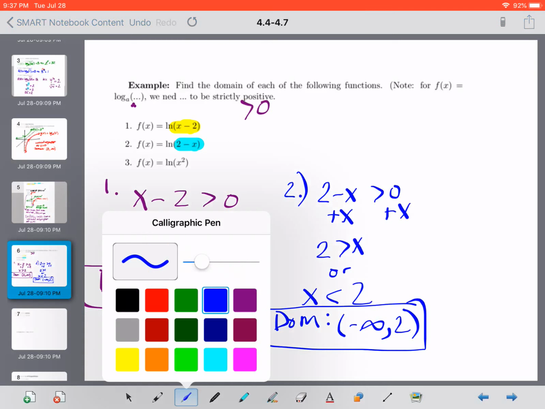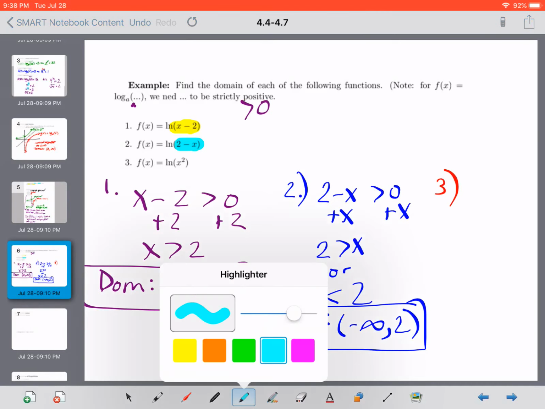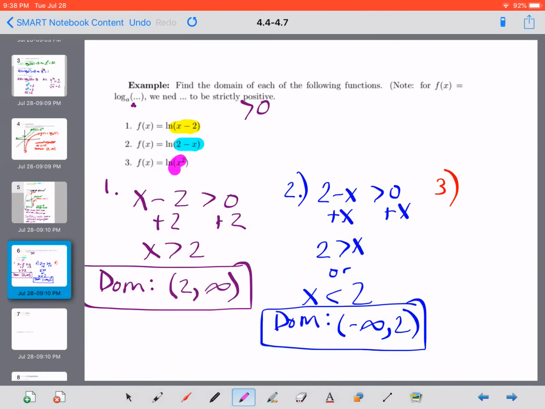Alright, finally, for number 3, identify what's inside the ln function. That's going to be x squared. I need x squared to be strictly greater than 0. Well, when is x squared strictly greater than 0? Remember, when you square a non-zero number, it's going to become positive right away. It's just going to naturally be greater than 0, right?